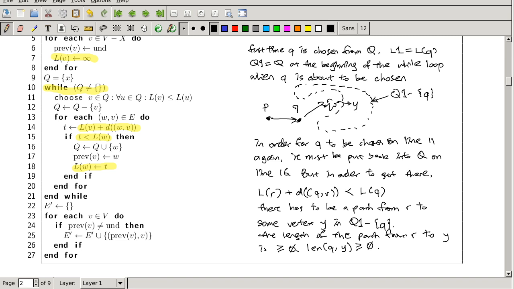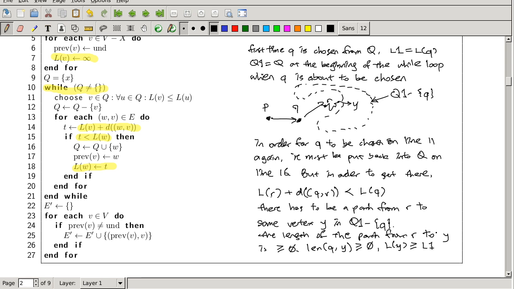So that means L of Y is at best equal to L of Q at that time. So L of Y is greater than or equal to L1. It is possible for multiple vertices to have exactly the same L value in uppercase Q, the set. That is entirely possible.